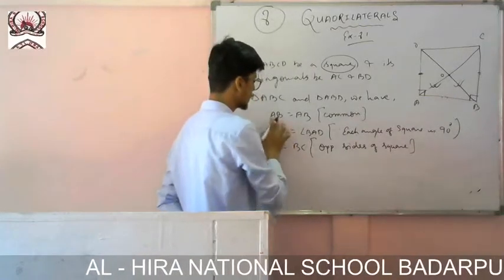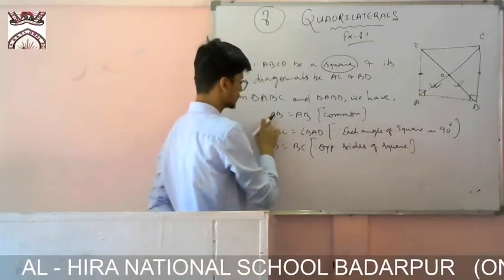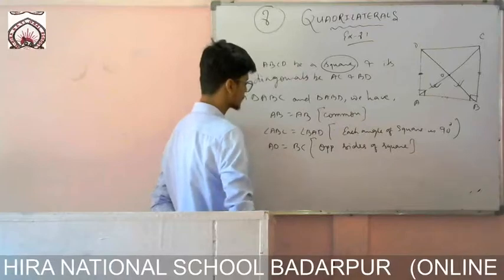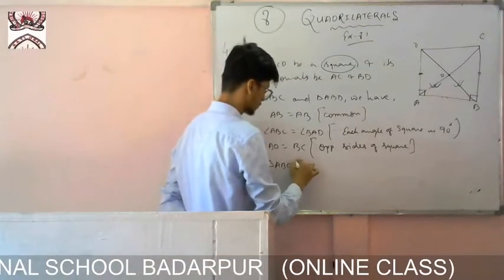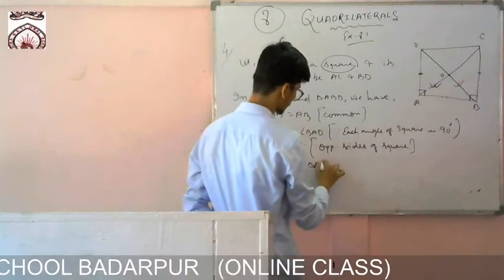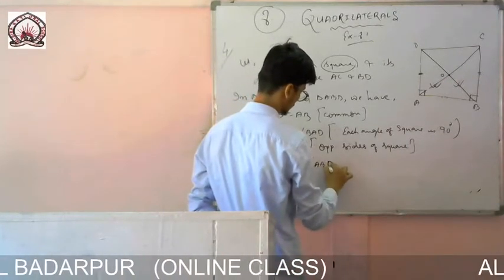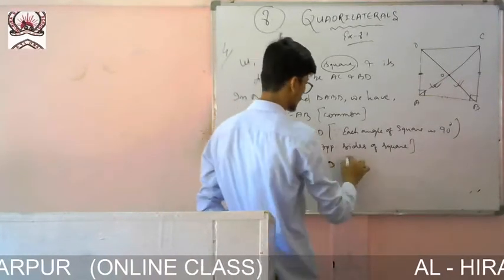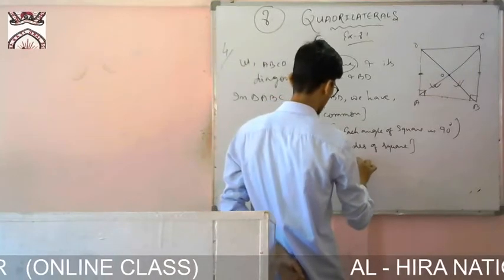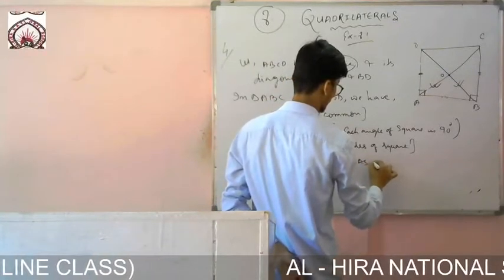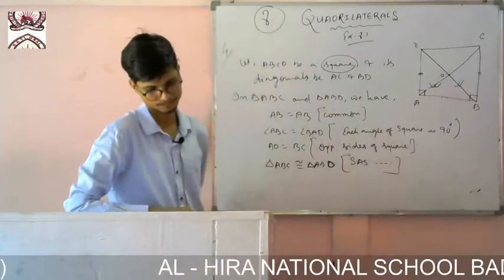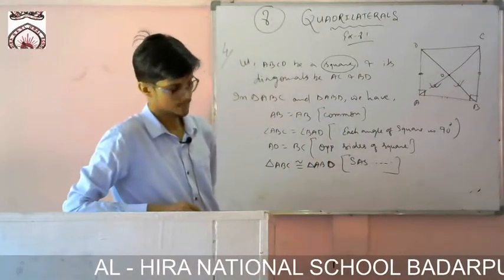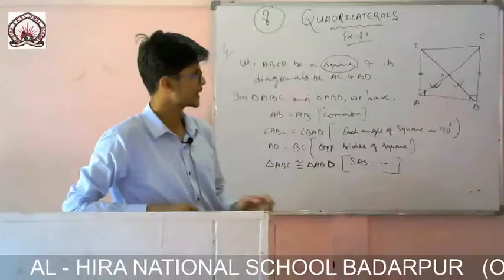So we have got three things: one side, one angle, and another side. So I can say that these two triangles are congruent, by the side-angle-side criterion. So we have proved that these two triangles are congruent.